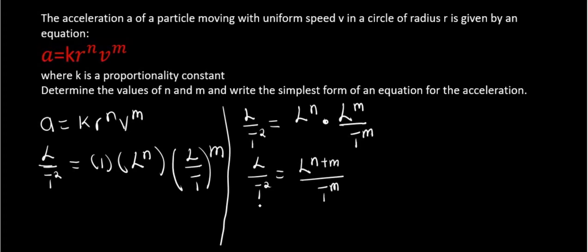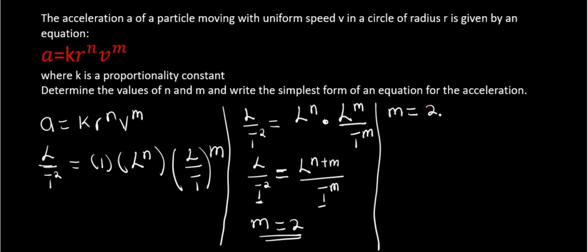If you look at the denominators, the bases are the same, and here we're equating, meaning that we can just equate the powers. So m is equal to 2. Then we can find the value of n.